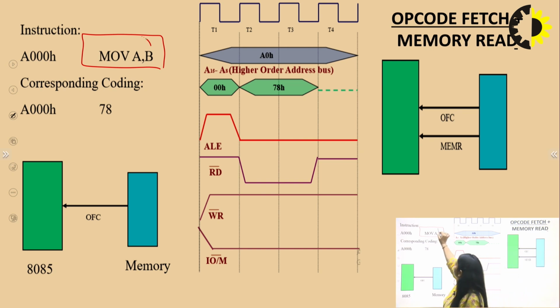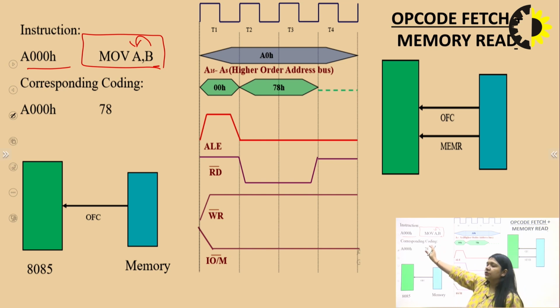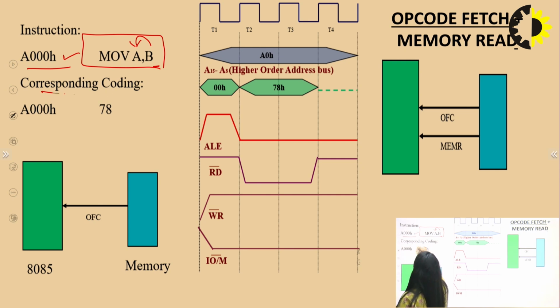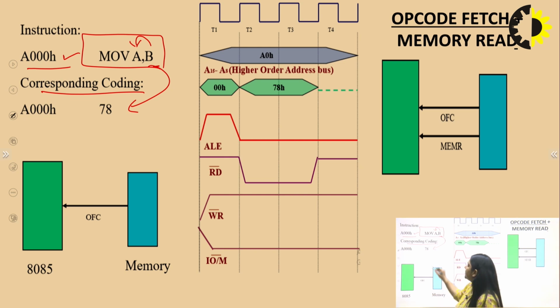The microprocessor will copy the contents of register B to the accumulator. For that, there is some location here. H signifies a hexadecimal number, so 8000H is a hexadecimal number, and the machine code for MOV A, B is 78.